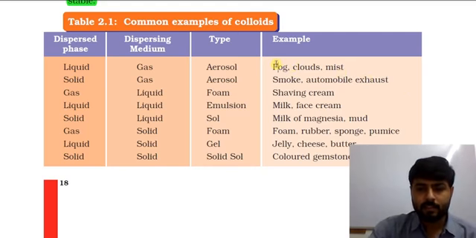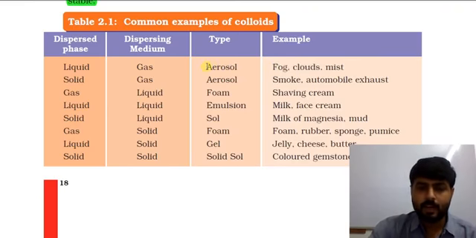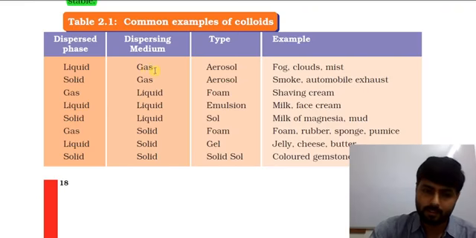Fog, cloud or mist, that is the example of colloid, but this we call as aerosol. Why? Because gas is the dispersing medium and liquid is the dispersed phase, which means liquid in gas type colloidal solution.